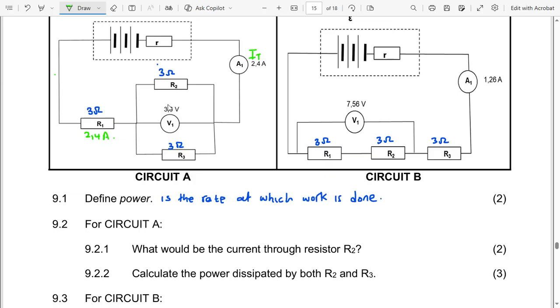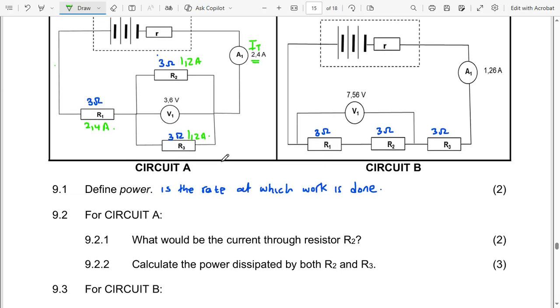But in this case, I don't want to go into too much detail, because we can see that these two resistors are equal. So this total current will be divided into 2 equal parts. Each resistor will read 1.2 amperes. I don't want to waste time on that.